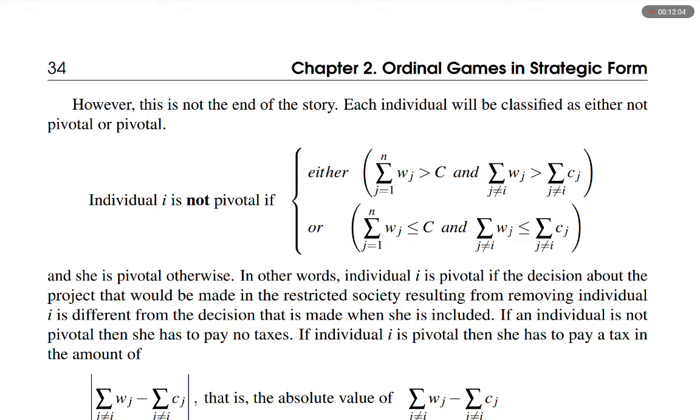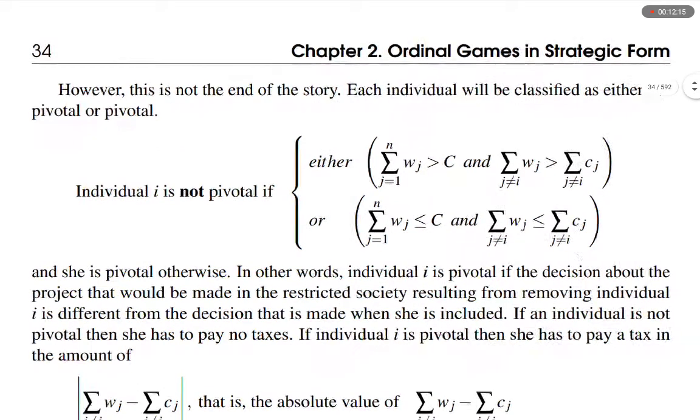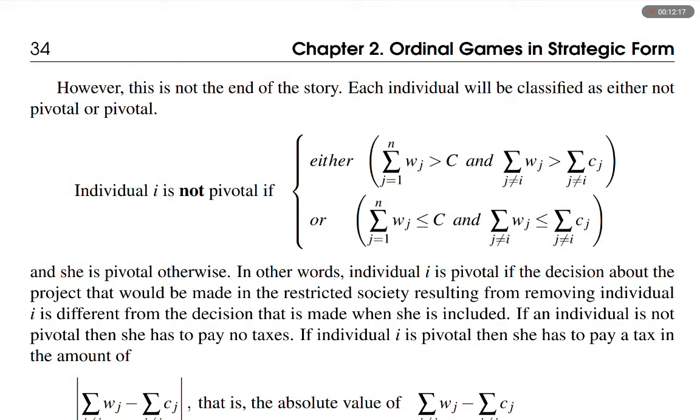In other words, individual i is pivotal if the decision about the project that would be made in the restricted society resulting from removing individual i is different from the decision that is made when she is included. If an individual is not pivotal, then she has to pay no taxes.